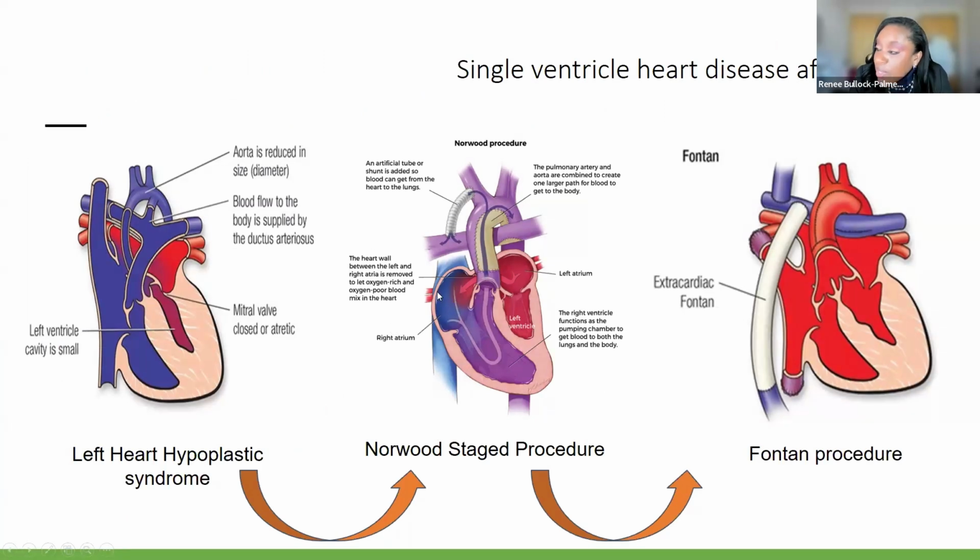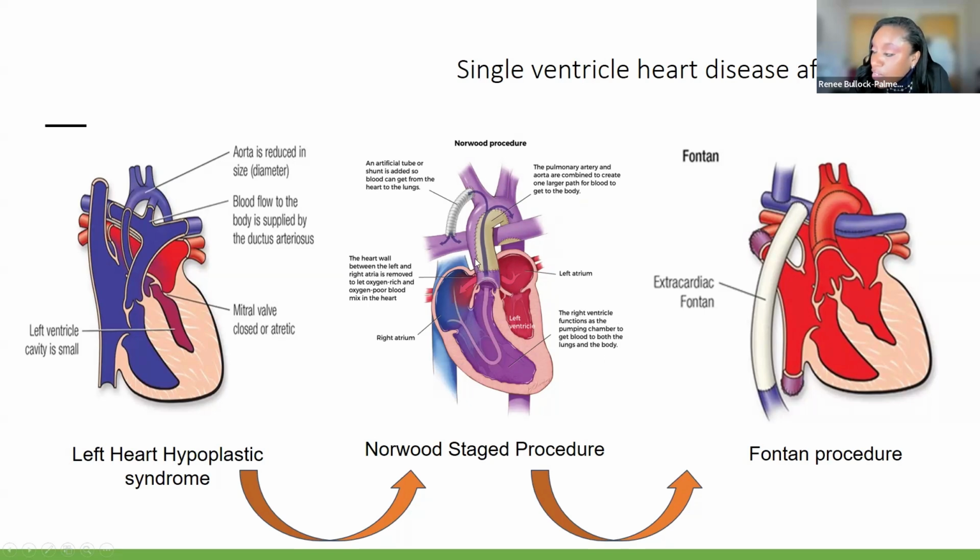So just walking through this, these patients, once they've moved from infancy, initially have to have the shunt, but then they have to have reconstruction of that aorta. Can you see how diminutive that aorta is here?